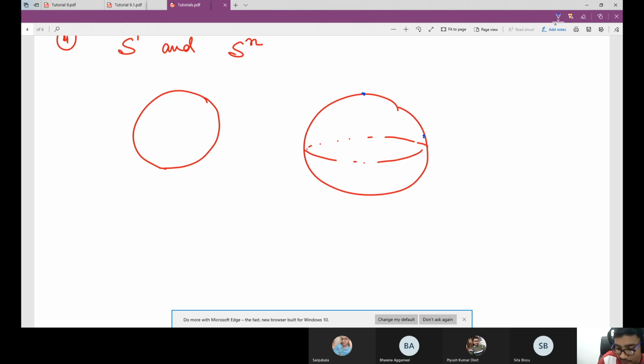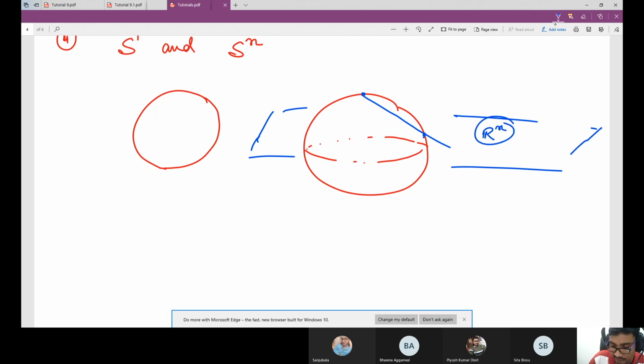You take a point from this sphere and you join the line through the North Pole to that sphere like this. Whenever you delete your North Pole, you find that your space is homeomorphic to Rn. In fact, you can say Sn minus the North Pole is homeomorphic to Rn.